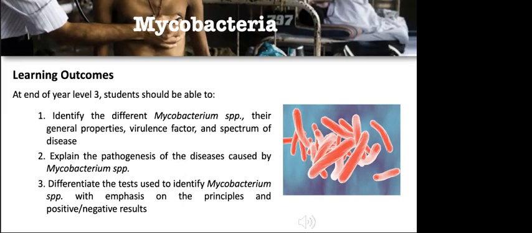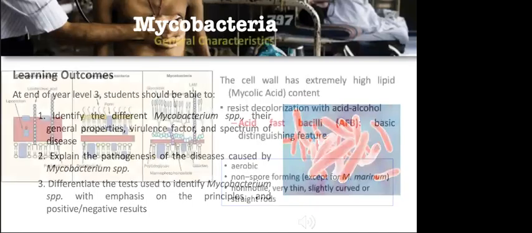Secondly, you're expected to be able to explain the pathogenesis of the disease caused by Mycobacterium species, and lastly, to be able to differentiate the tests used to identify Mycobacterium species with emphasis on principles and the results that would come after performing the tests.